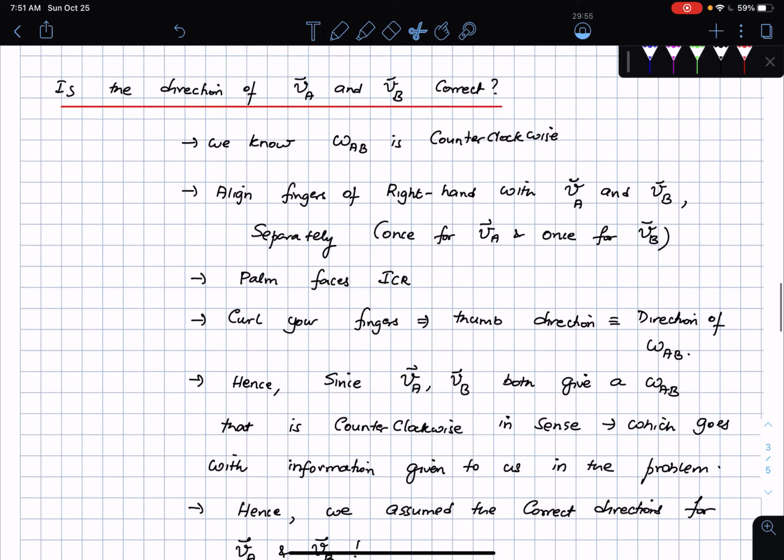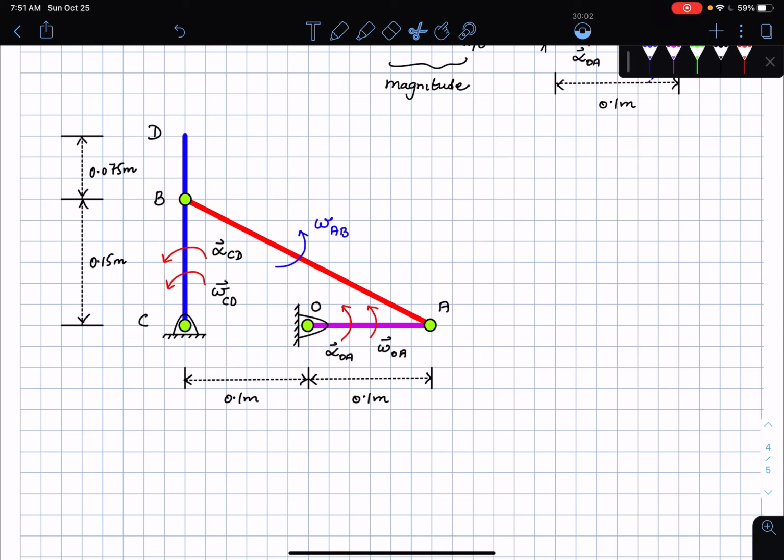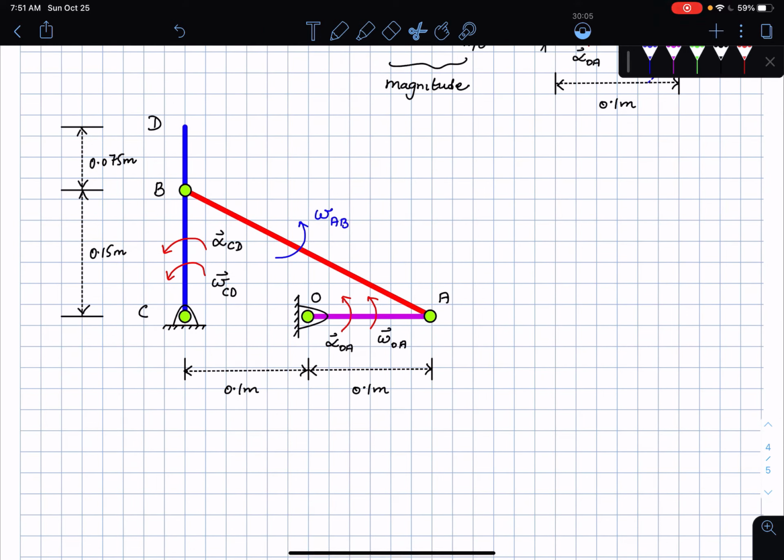So far I have not used any vector analysis, as you can see. If I bring my actual figure here, I can see that I need to draw some thicker lines. Since the velocity of A was pointing up this way, and the velocity of B was pointing this way onto the left, the ICR has to be along the line that is perpendicular to the two.